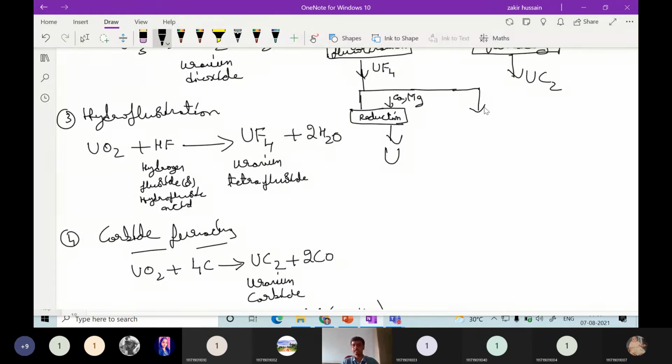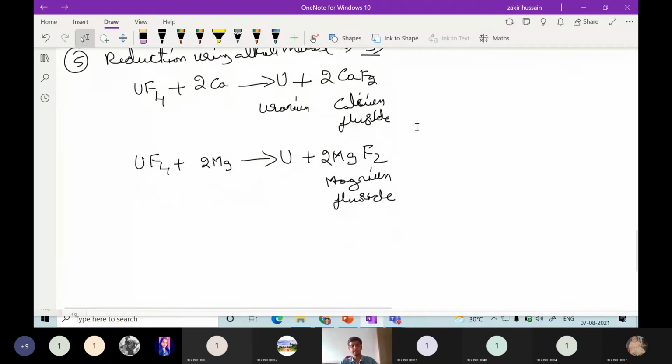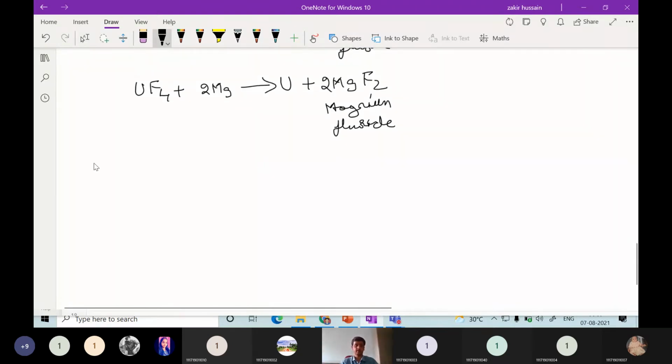So how to convert that? That will be converted using fluorination. How to do the fluorination? We have to supply some fluorine gas to the uranium tetrafluoride, UF4.